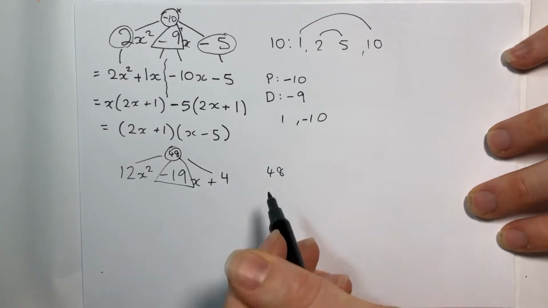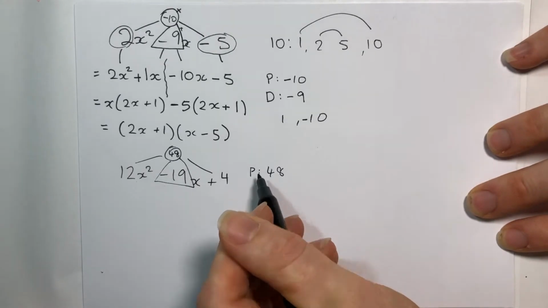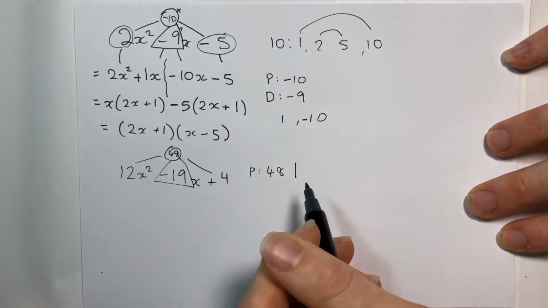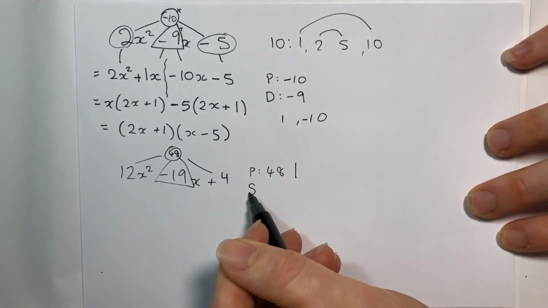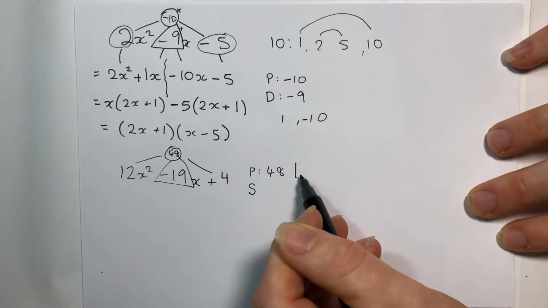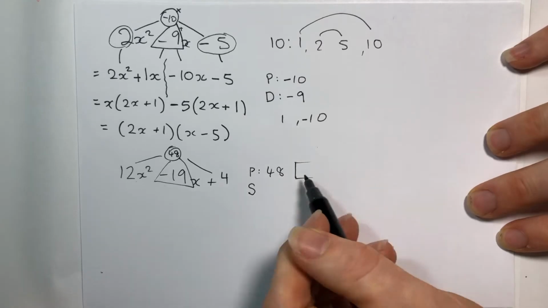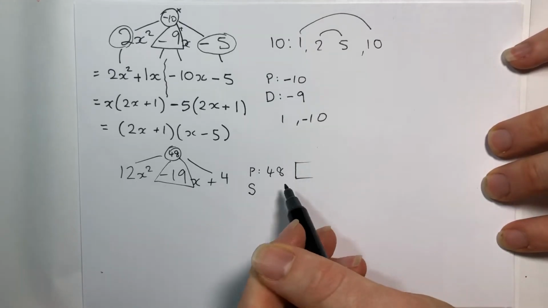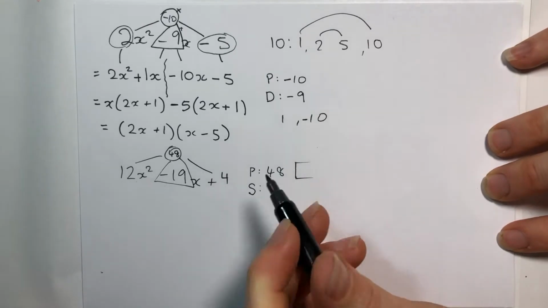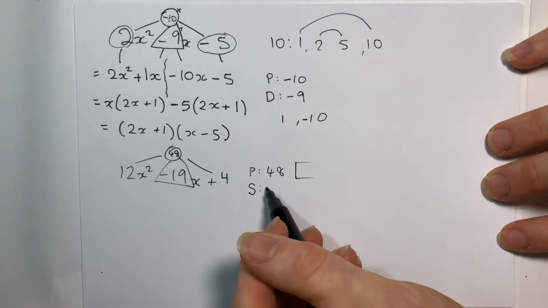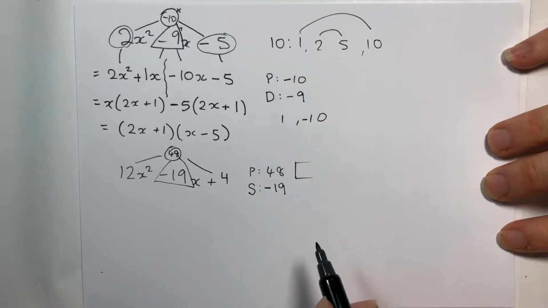So 48 is the product that I'm after. Now 48 is positive, so I'm going to need a sum. So while I'm looking for the factors of 48, I'm looking to see whether they add to 19 rather than have a difference of 19.